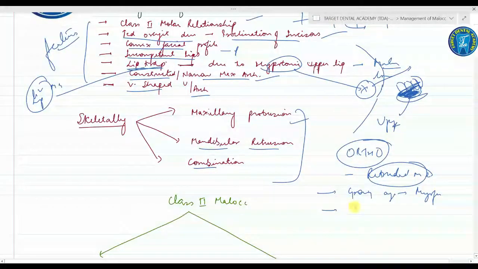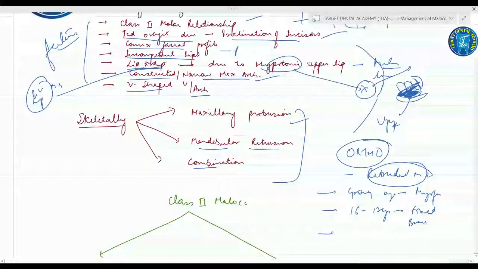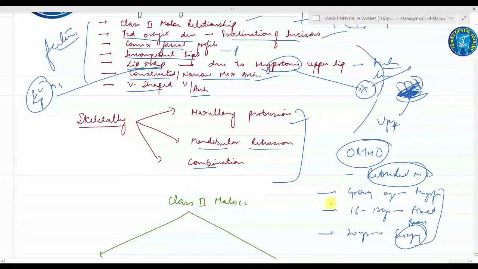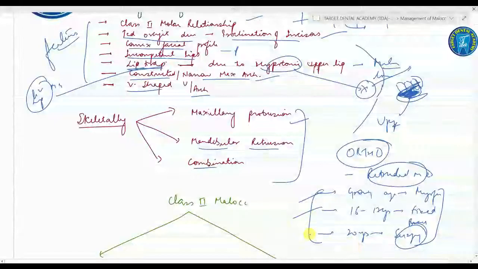If he comes to you at the age of 16 to 17 years, then you will go for fixed orthodontic treatment. You have to place the brackets and arch wire. But if he comes to you with a severe retrognathism of the mandible after 20 years of age, then you go for surgery. So these are the three treatment modalities: in a growing patient, in a non-growing patient, and in a patient who requires surgery.